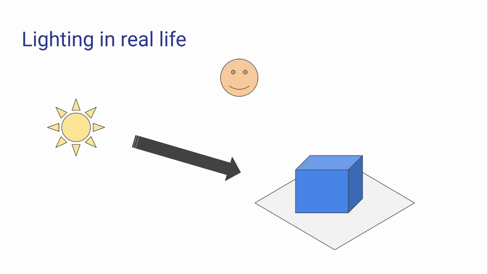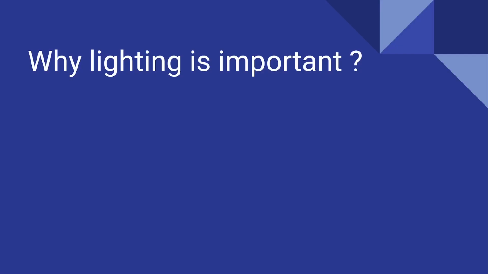Some part of the light gets absorbed by the object, and the rest gets reflected, which then goes into the human eyes, and through which we are able to differentiate what kind of object is there, how big it is, what the texture is, the color, size, etc.